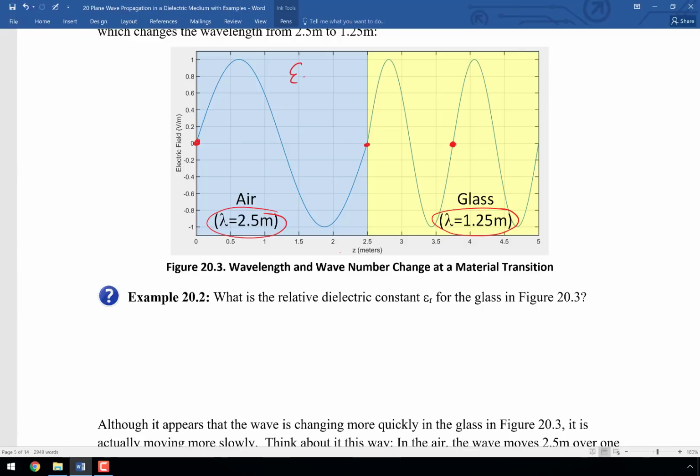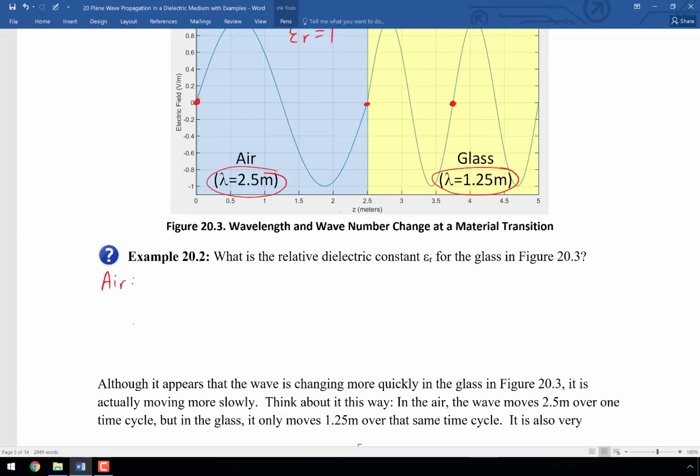We know that over here, because this is air, and we can approximate air as a vacuum, epsilon r is equal to 1. But what about on the right-hand side? So let's consider, first of all, the air. In the air, we know that k sub 0 is equal to 2 pi divided by lambda sub 0, and the 0 subscript there is referring to free space or air.